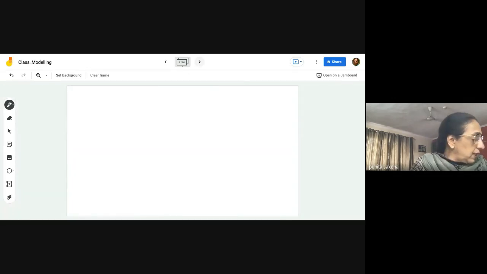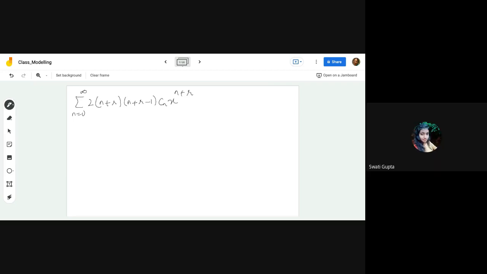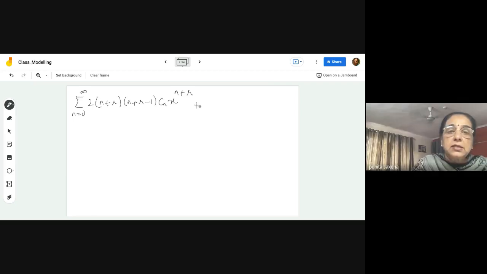Now we'll, of course, take x inside the summation and split the last term. So we are going to get something like: the first term is going to be summation 2 n plus r, n plus r minus 1 cn x to the power n plus r. This is what will come, right? Because it was x squared. Plus the next term is going to be summation 3 n plus r cn x to the power n plus r, n from 0 to infinity.